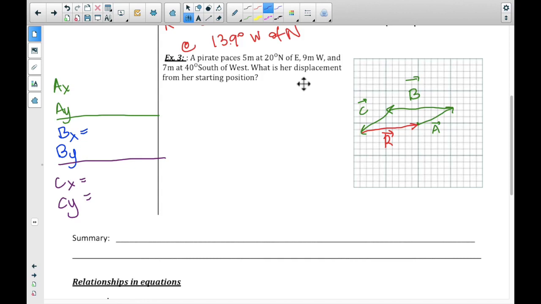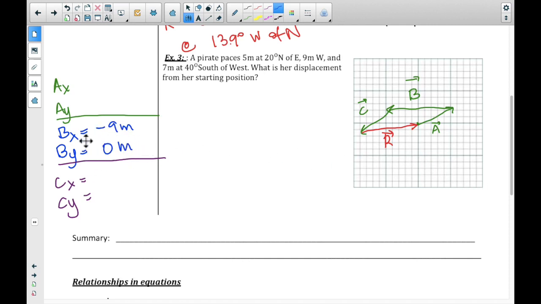Okay, let me tell you what I mean by this. The B is easy. In the x direction, the B went, wasn't it negative 9? So we can call that negative 9 meters, right? They went 9 meters to the west, so that's negative 9 meters. In the y direction, there is no y component of the B. It's just flat. There's nothing. So that's 0 meters there.